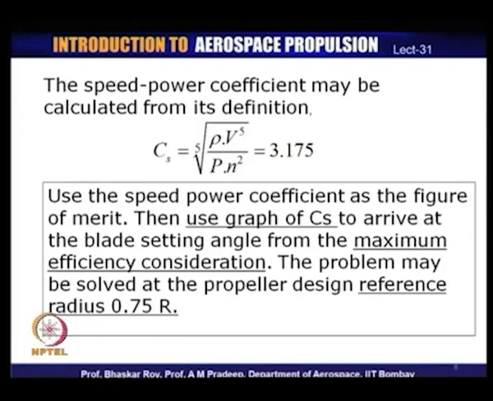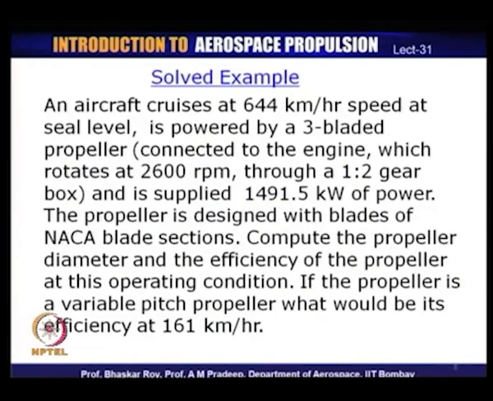The other thing is, the problem is now going to be solved at a propeller design reference radius of 0.75 R, which is often the normal propeller design reference radius, which means the propeller blade shapes are often first created at 0.75 R. Let us quickly go back to the propeller diagram which we have looked at right in the beginning.